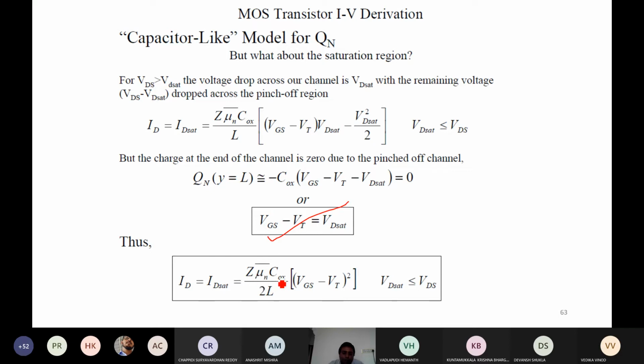So Z mu1 effective COX by 2L, VGS minus VT whole square, and VD set is less than VDS. The actual VDS is more than VD set, so in this case we can say VDS is greater than or equal to VGS minus VT.